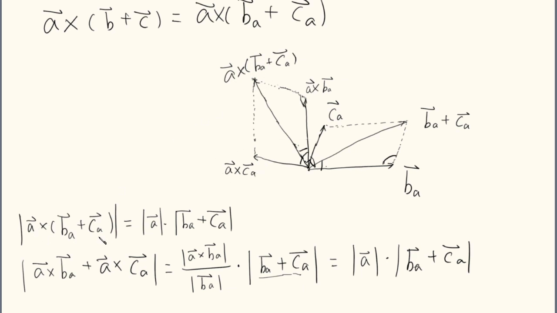The length of this cross product is the magnitude of vector A times the length of this vector, times the sine of pi over 2, because these two vectors, A and A cross B sub A, are perpendicular to each other, so sine pi over 2 is 1.